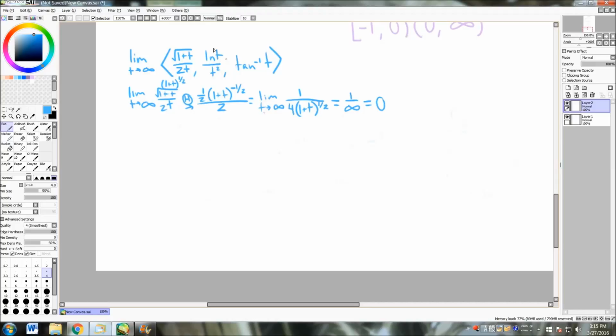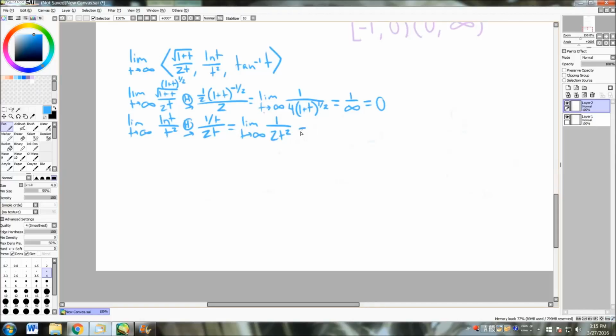So let's do the next part. The limit as t goes to infinity for ln of t over t squared. Again, let's try L'Hopital's rule. We get 1 over t over 2t, which equals the limit as t goes to infinity of 1 over 2t squared.